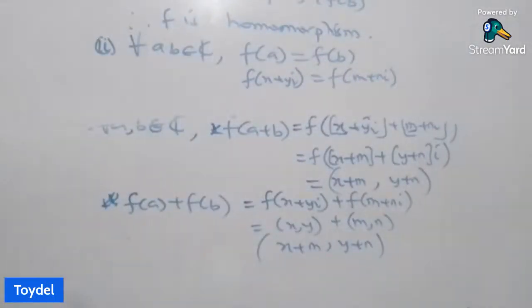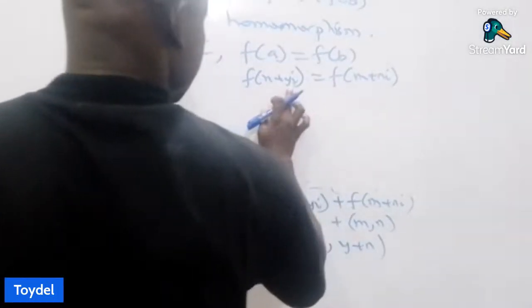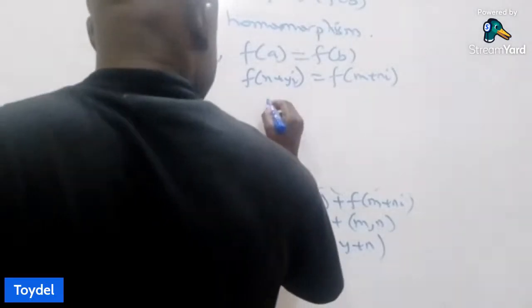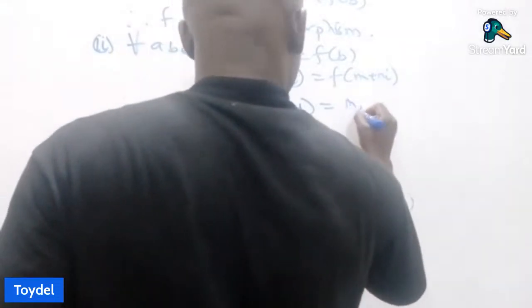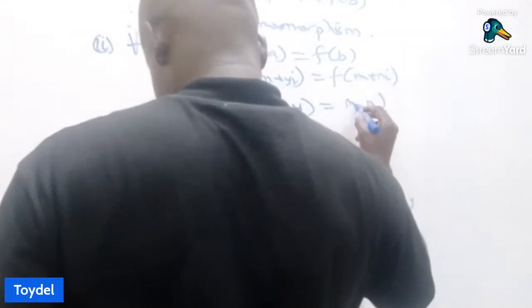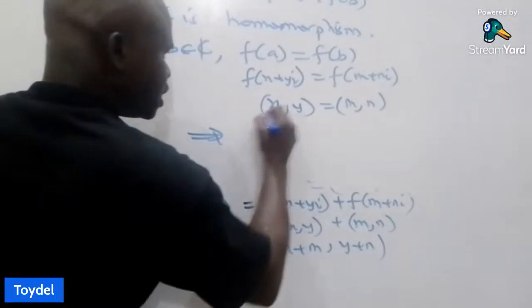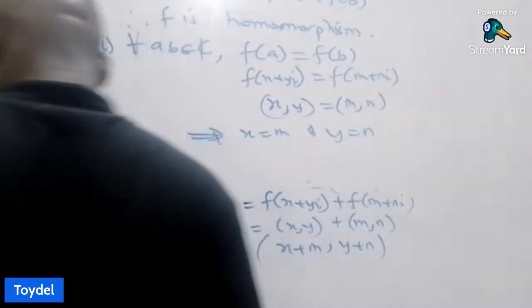Let's look at it. Are we going to get the same thing? Then what is x plus yi? x plus iy. F of x plus iy is defined as x comma y. Will it be the same thing as m comma n? Then this implies that x is equal to m and y is equal to n.